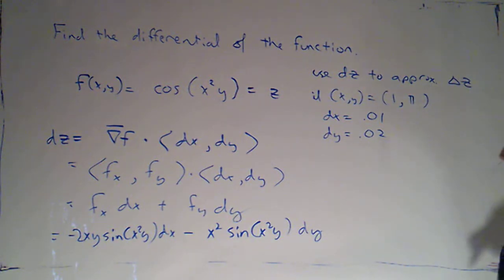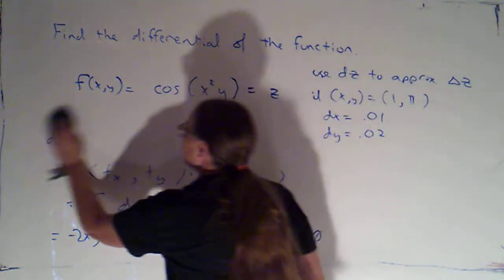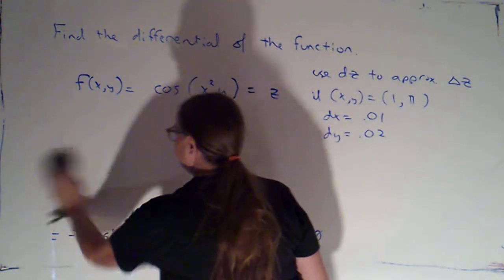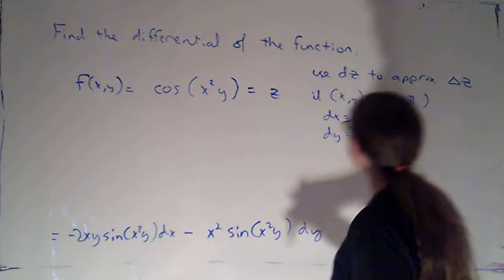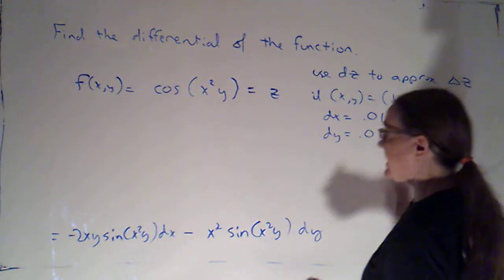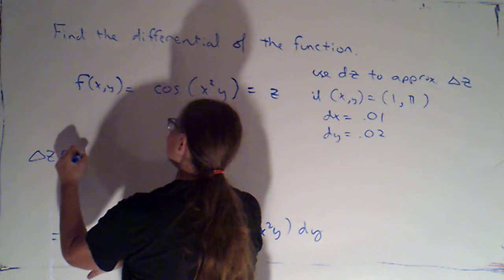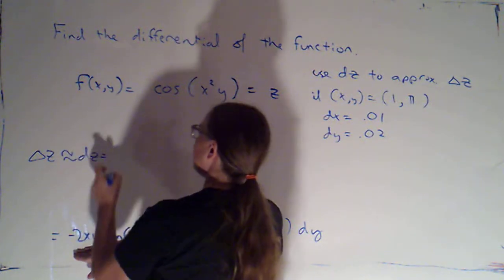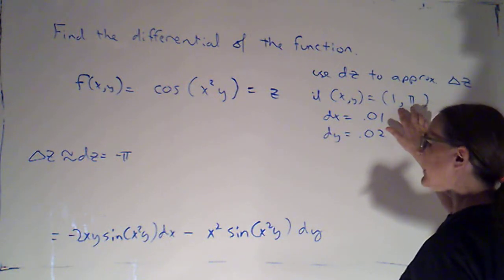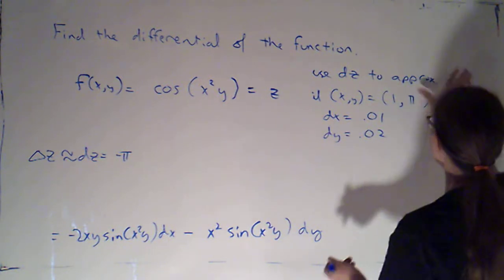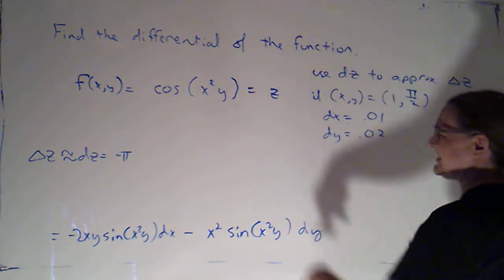So in that case, I've actually got some things to plug in for all 4 of those variables. So let's see. Negative 2xy, that's going to become negative 2 pi. So we would say delta z is approximately dz, which in this case would equal negative pi times sine of pi. Oh, that's not very interesting. Let's change this to pi over 2. So that we don't just get 0 for everything.